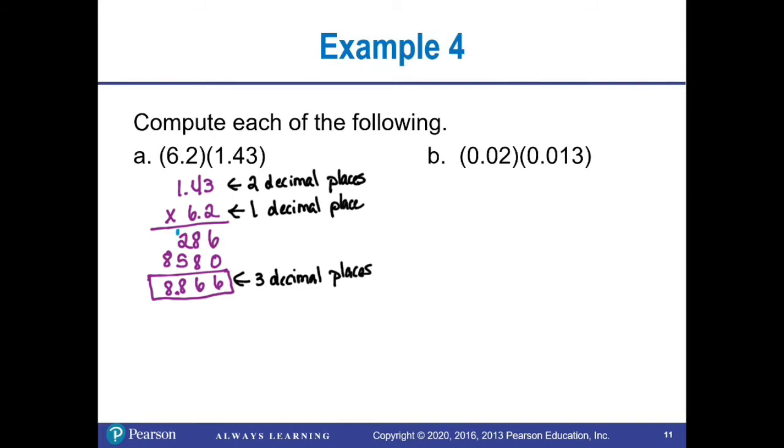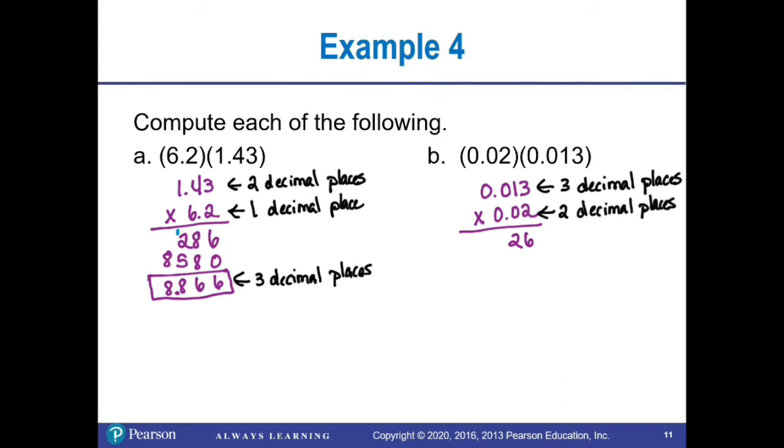Look at part B. We have 0.02 times 0.013. Write the longer number on the top and multiply. 3 times 2 is 6. 1 times 2 is 2. Now notice here, I have 3 decimal places in my first factor. I have 2 decimal places in my second factor.